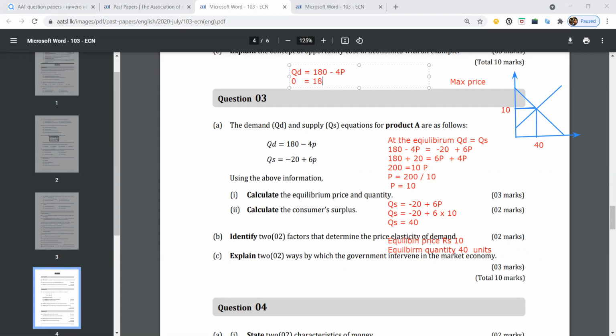Then we substitute 0 for QD: 4p = 180, so p = 180 divided by 4, which is 45. Here the value is 45.